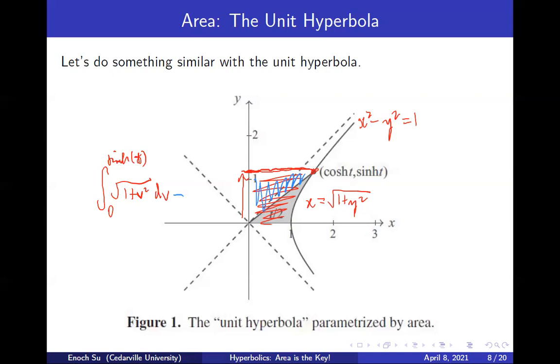So it's minus 1/2 cosh t sinh t. So that's where that area comes from, and of course the area that's left is just this thing right here. So then you know that that's got to be t over 2.